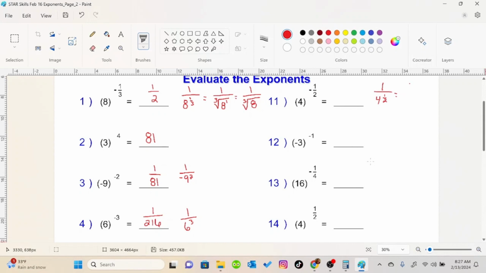And the power of 1/2 means the square root. And the square root of 4 could be 2 or -2. So our answer is 1/2 or -1/2.